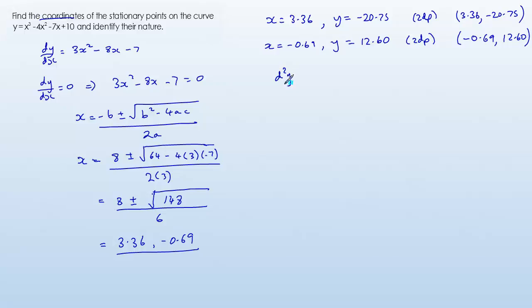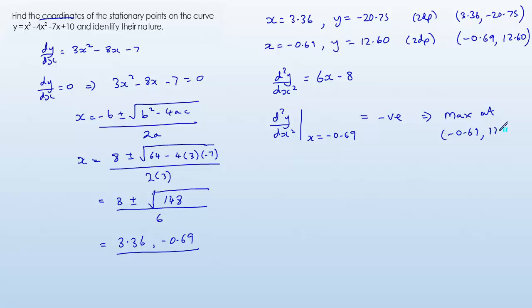Now, d2y/dx squared is going to be 6x minus 8. So if we evaluate that, where x is negative 0.69, we can just see that the answer is going to be negative, and that implies that we have a local maximum at negative 0.69, 12.60.